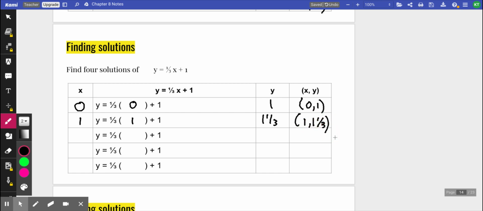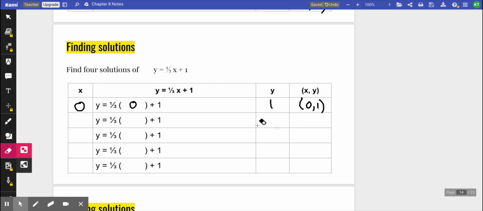So I'm going to teach you a little trick. When you have fractions there and you get the choice of what to plug in, pick a multiple of the denominator. So I'm going to back this up just so we don't have to deal with fractions. And instead of plugging in 1 as my next number, I'm going to plug in 3, right?